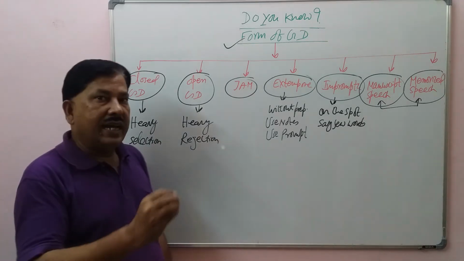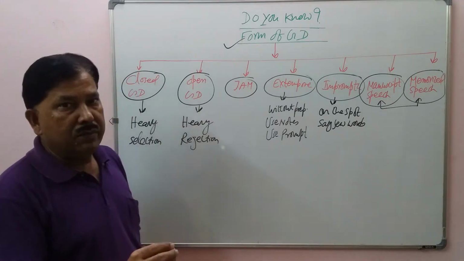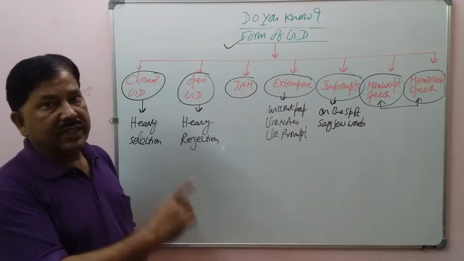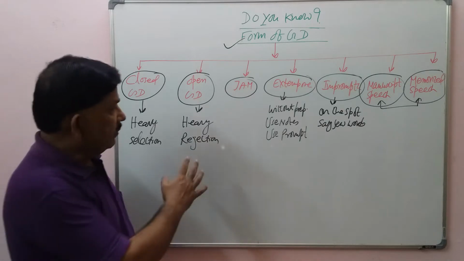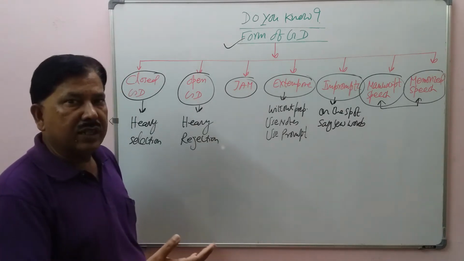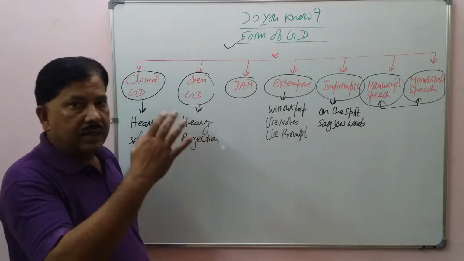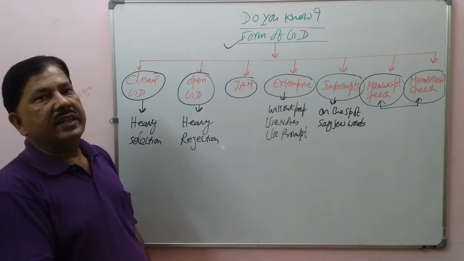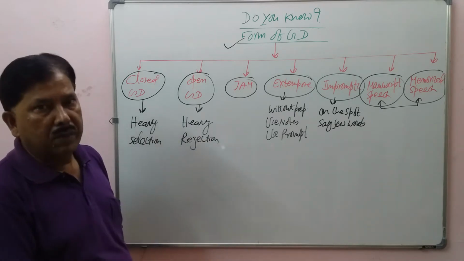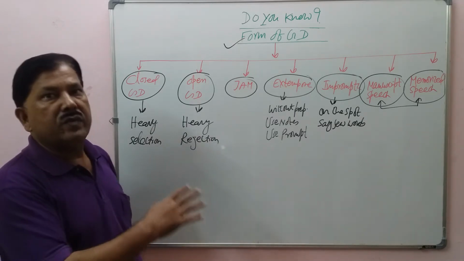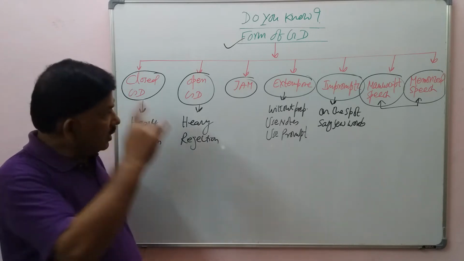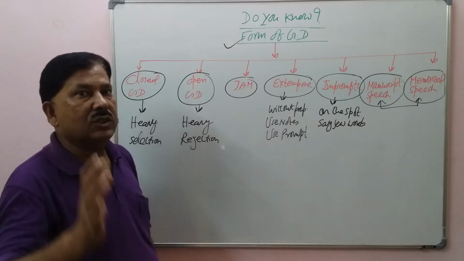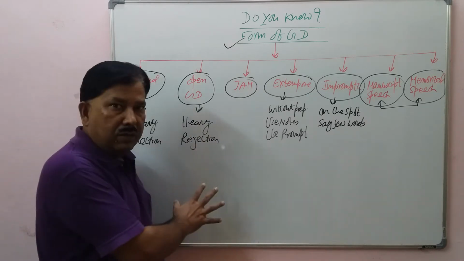If any member is silent, say for example there are 10 members and 2-3 members are silent, and the leader or initiator who has taken the initiative for that particular GD is not encouraging them to say something, it might be possible the interviewer will cancel that particular GD immediately after finishing. Very simple. It means null and void. That GD will not be valid. It means everybody is supposed to speak minimum. Only then you can say it's a healthy discussion, and consensus should come. That is open GD, the beauty part of that. Okay.